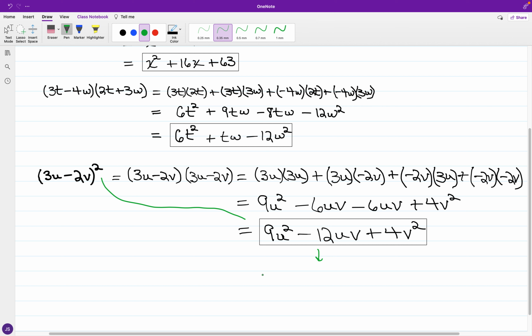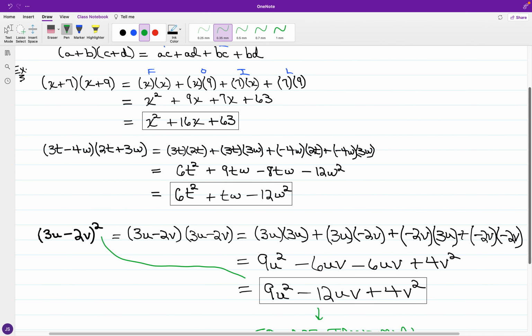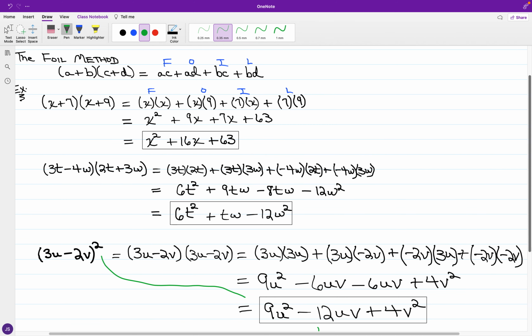In the case of the output, this is what is referred to as a squared trinomial. So these are cases of applying the general FOIL method.